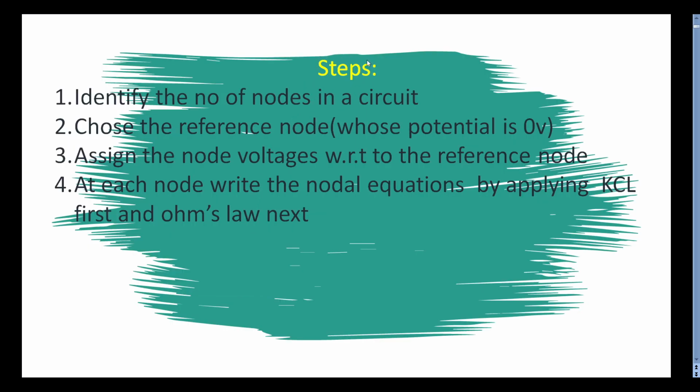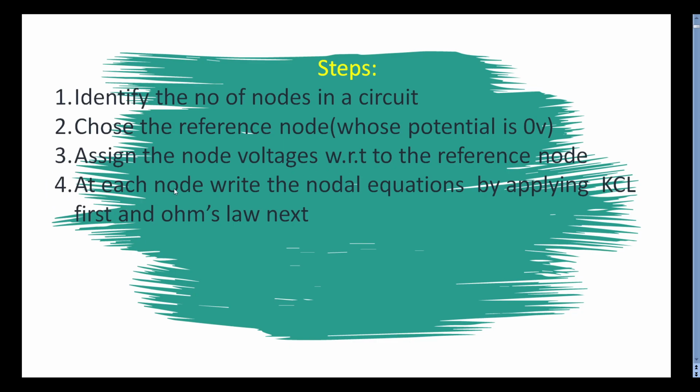These are the steps you have to follow while doing nodal analysis. Step 1: Identify the number of nodes in a circuit. Step 2: Choose the reference node, whose potential is 0 volts. Step 3: Assign the node voltages with respect to the reference node.